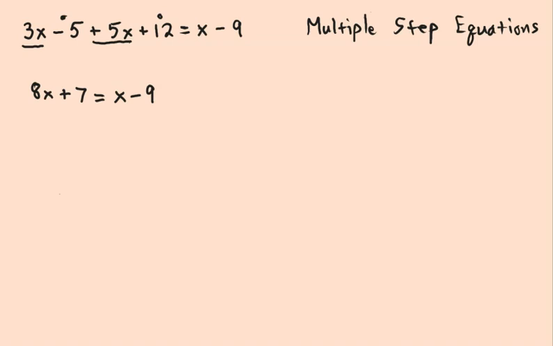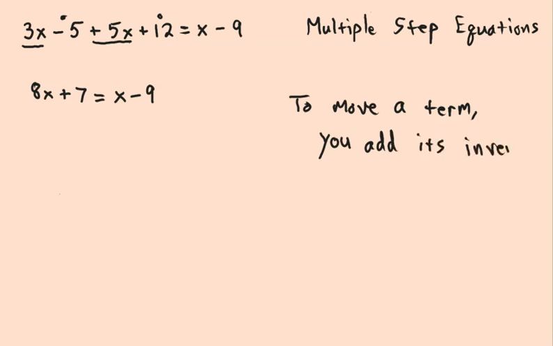We cannot have an x on both sides of the equation. And therefore, the way you move a term is you add its inverse.